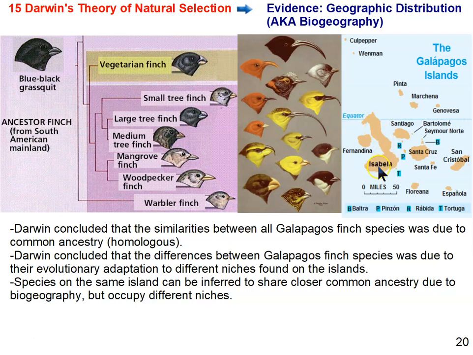That's the idea, that the species that are found on the same island are more likely to be closely related to each other because they have all evolved together and from each other on the same island.